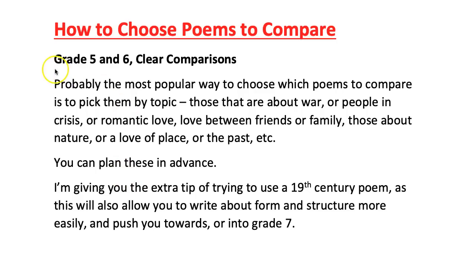So remember, if you want to get higher than a grade 5 and 6, don't just pick the obvious clear comparison about theme or subject matter. Go for the thoughtful comparison, which is always about the poet's ideas.